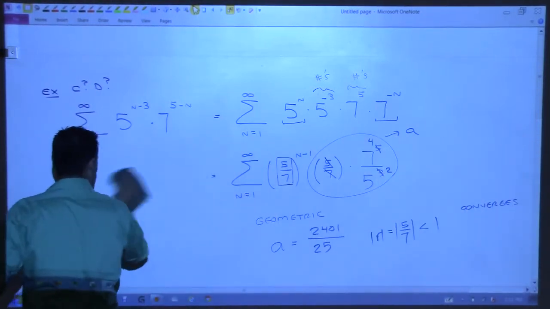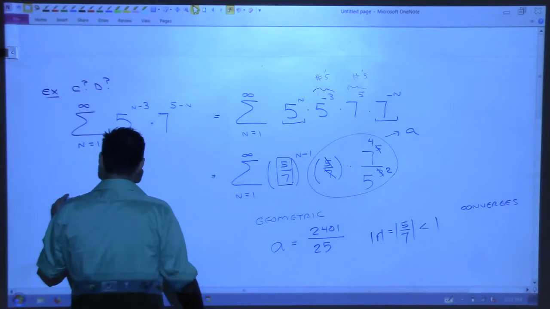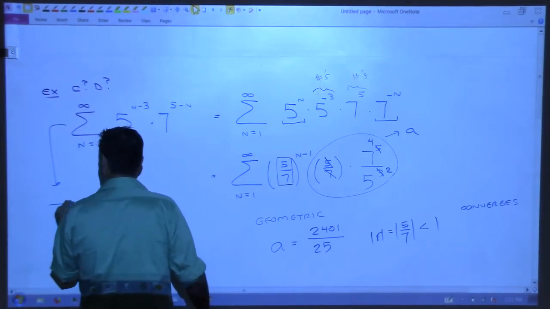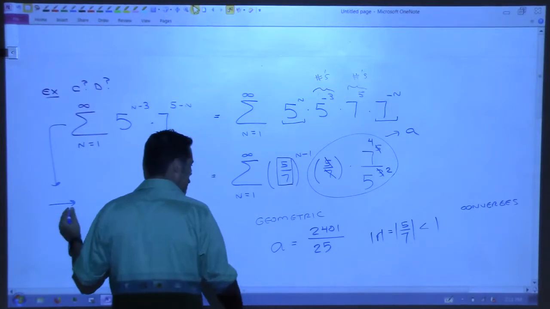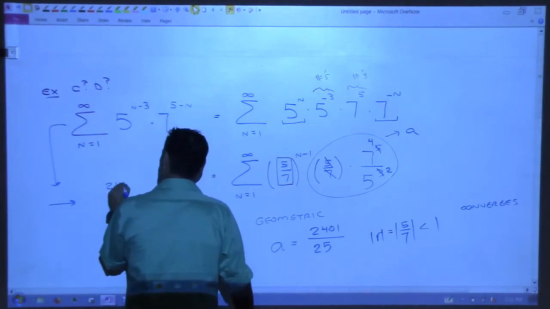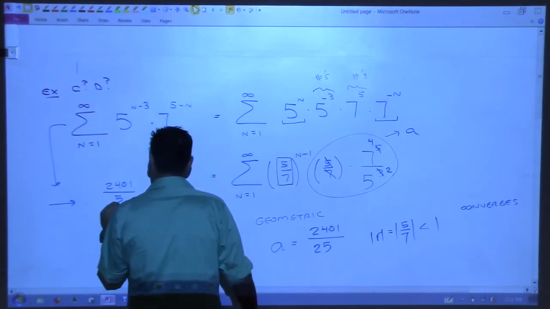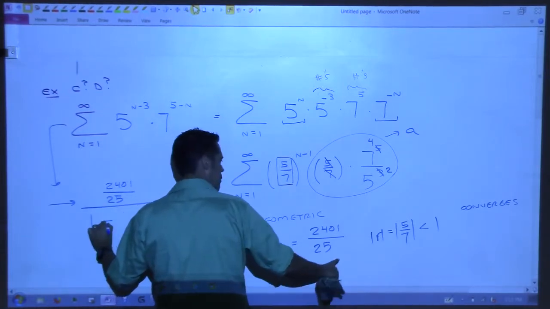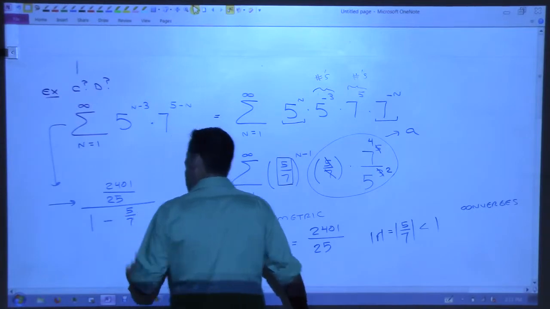So what would this converge to? This sum right here converges to, or you can put an arrow or equals, it doesn't matter, 2401 over 25, that's A, over 1 minus 5 over 7.